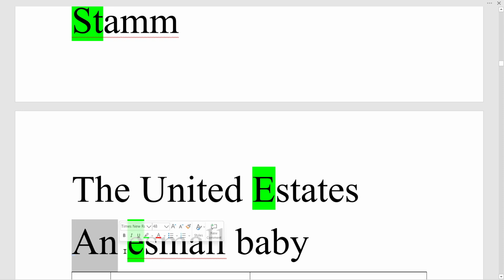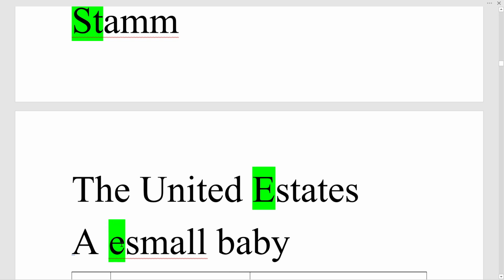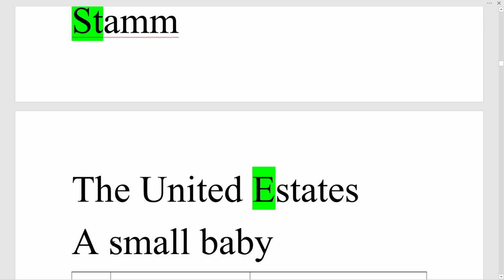When this is added here, this "an" is again justified. So those are two more mistakes, "and a small baby". What we need to say instead is "a small baby", and "the United States", not "the United Estates".